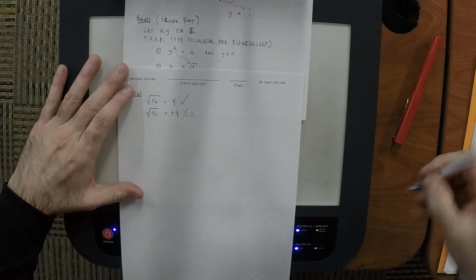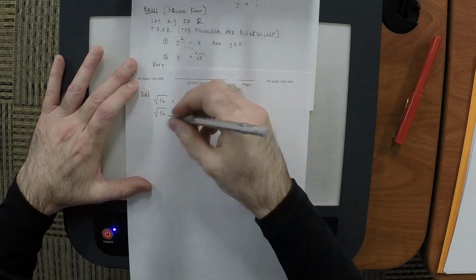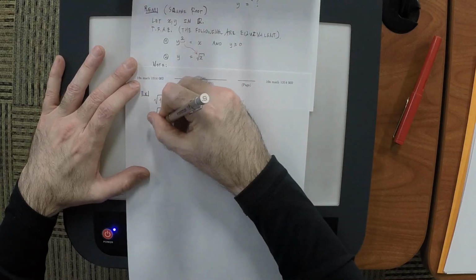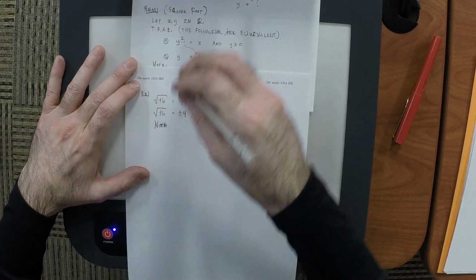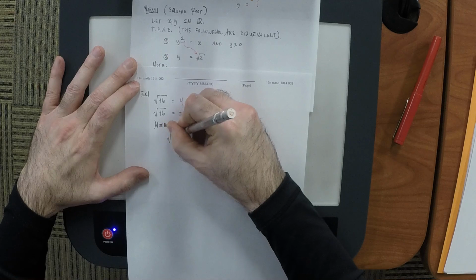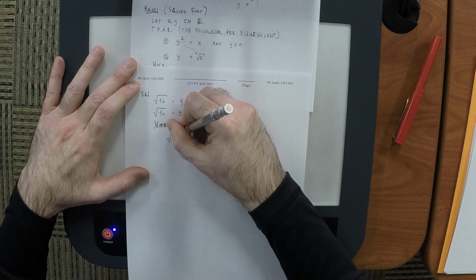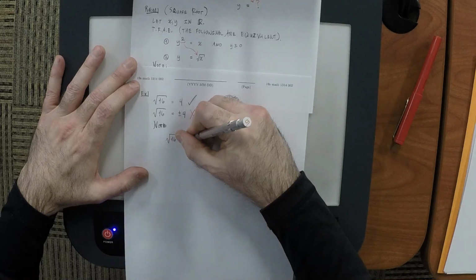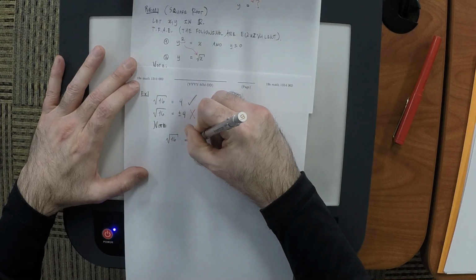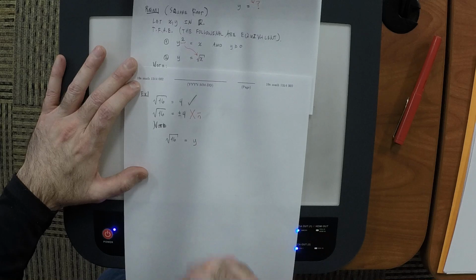Okay. So here's the reason. What I did is I said, I want you to tell me what the square root of 16 is. So I could say, well, I'll just write that this is equal to y, and I want to know what y is. That's just giving another name for it.